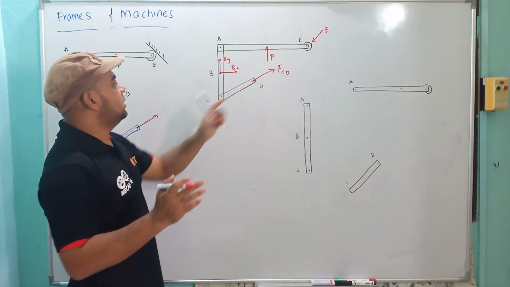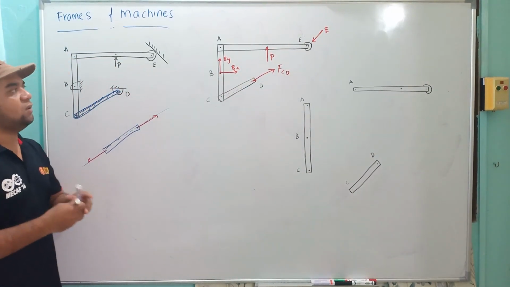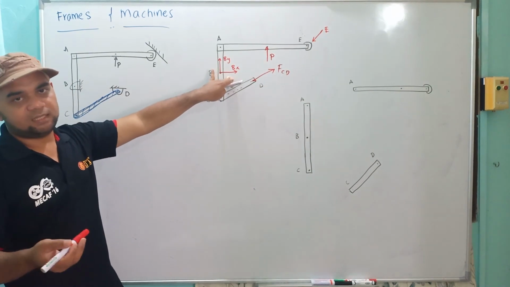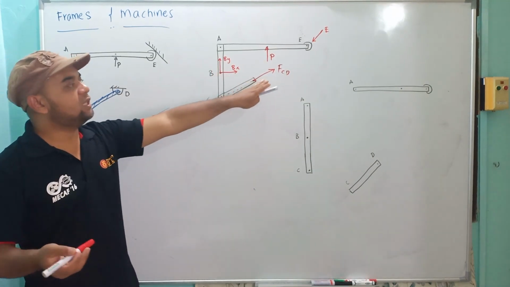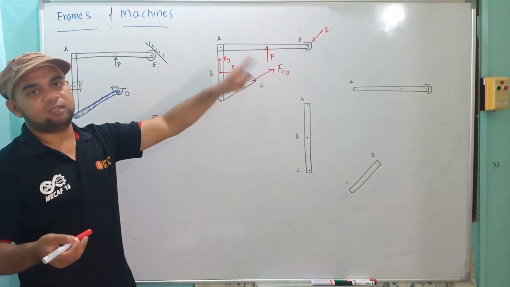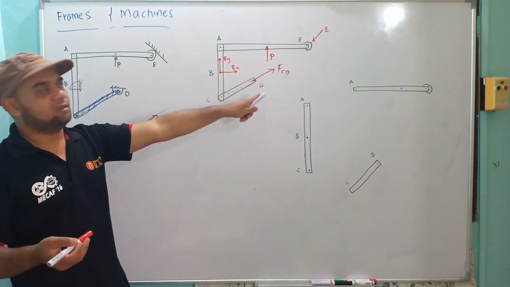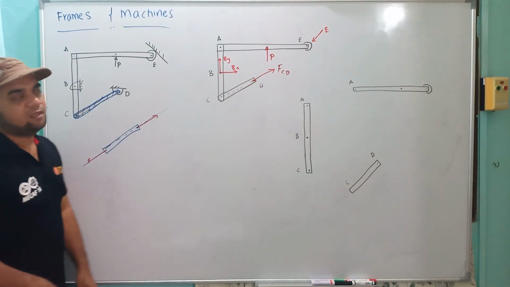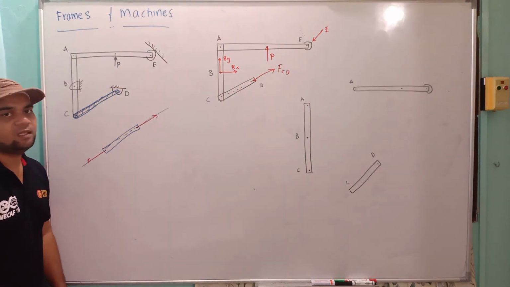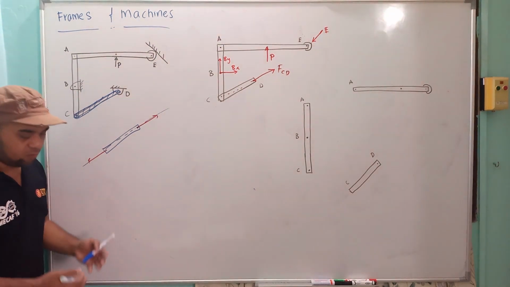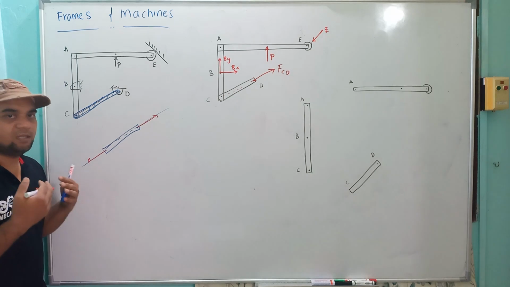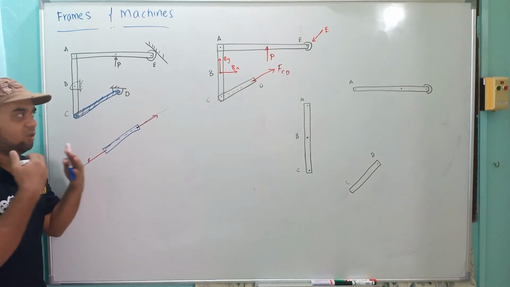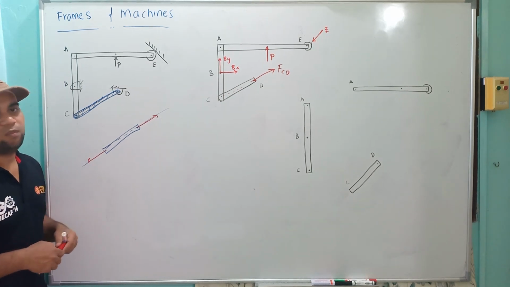The way we put in X and Y before is because we didn't know which direction the force will act. But now we already know the direction, so we directly put the correct direction. So you put FCD in that direction. Okay, there is a difference. You have to really identify the two force member and acknowledge that in your free body diagram.